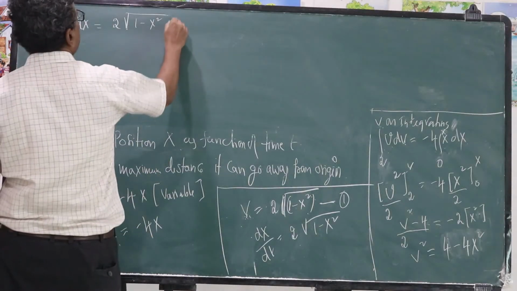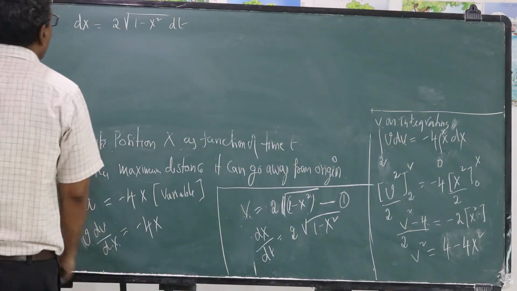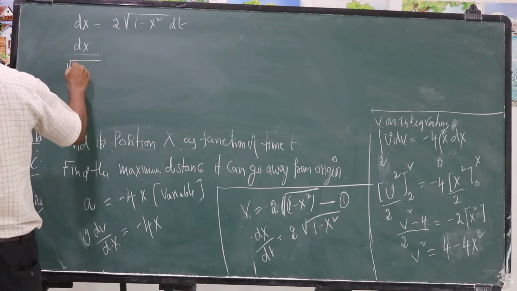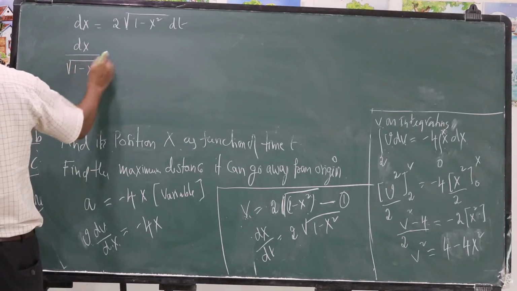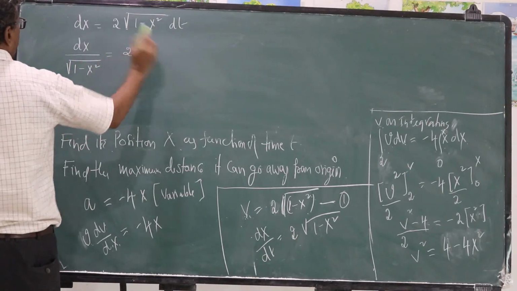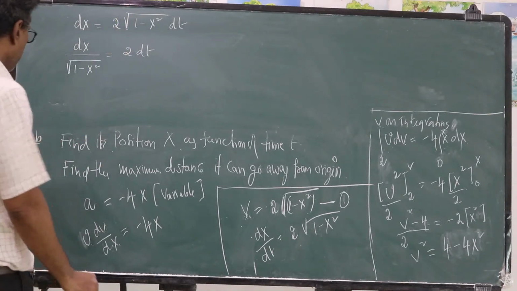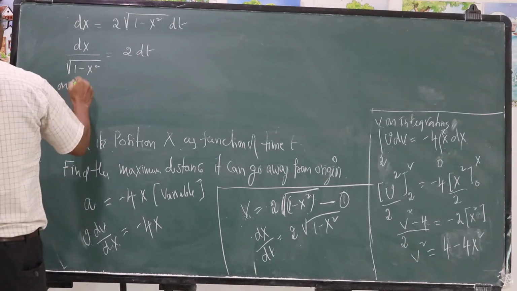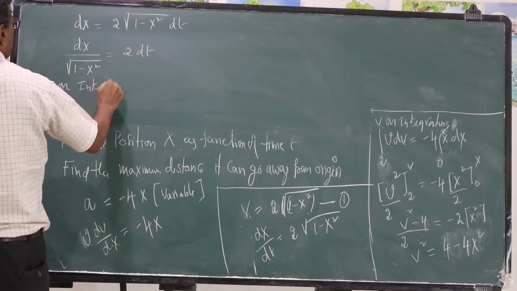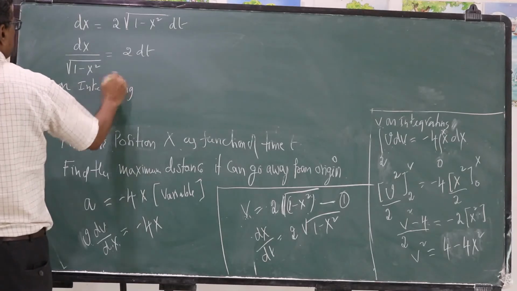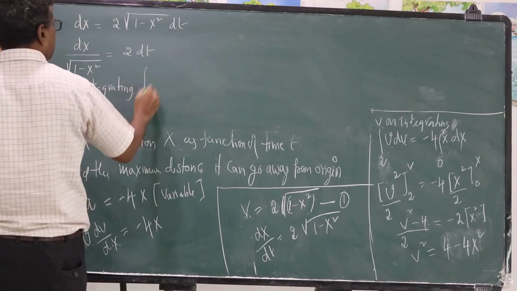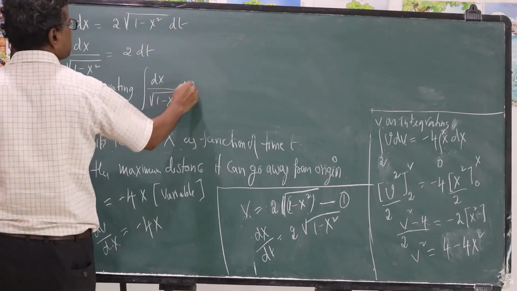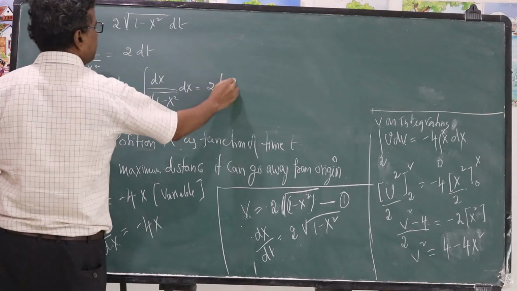So on integrating, you bring this x this side: dx by square root of 1 minus x square is equal to 2 dt. I want position x as a function of time t. So on integrating, integral dx by square root of 1 minus x square is equal to 2 integral dt.